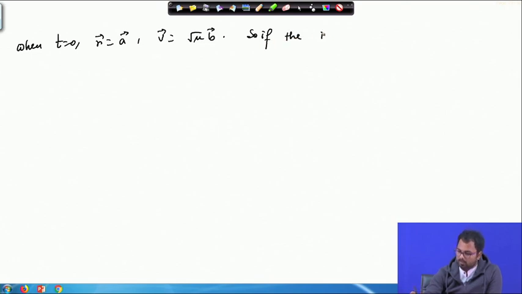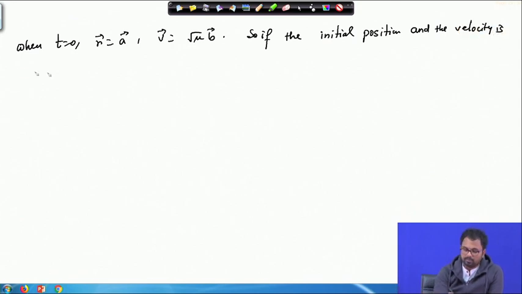So, if the initial position and the velocity are given, we can fix up a and b.